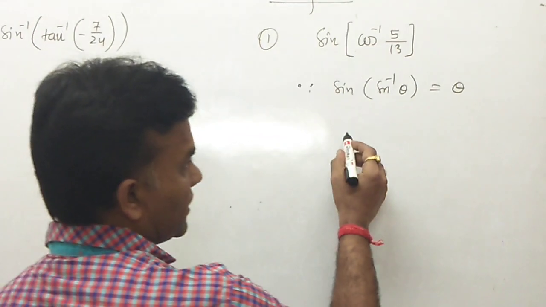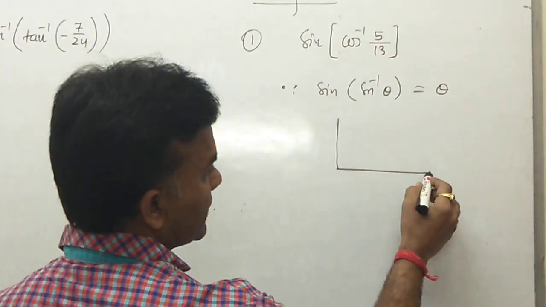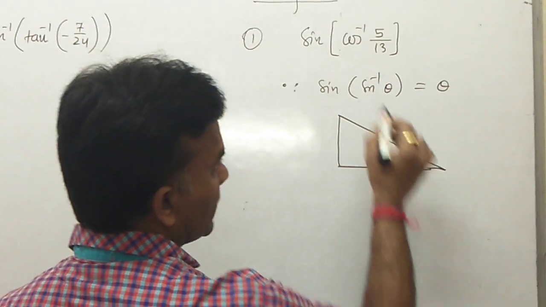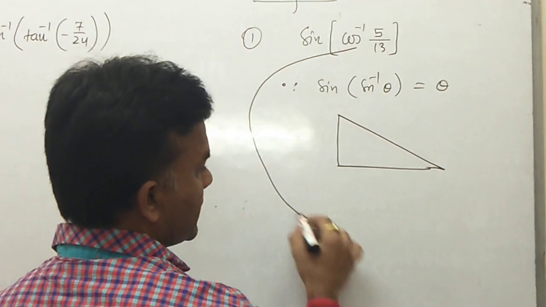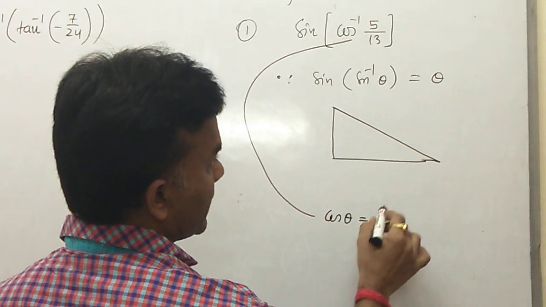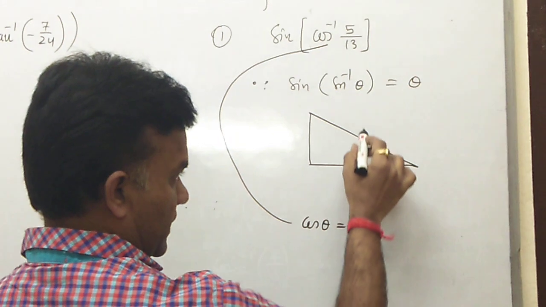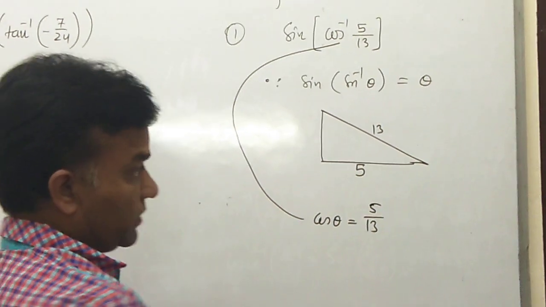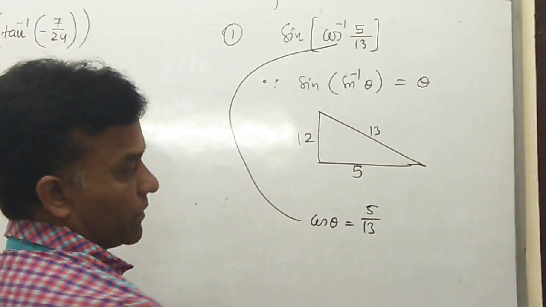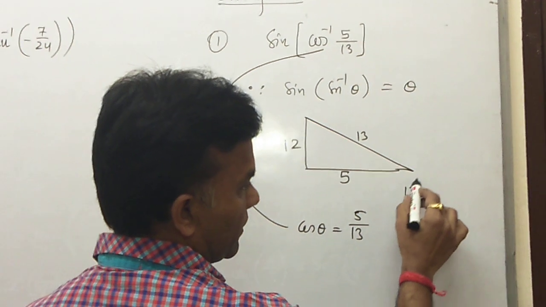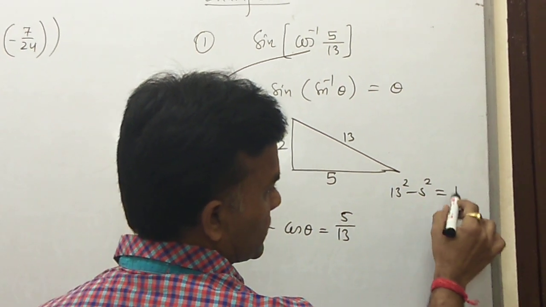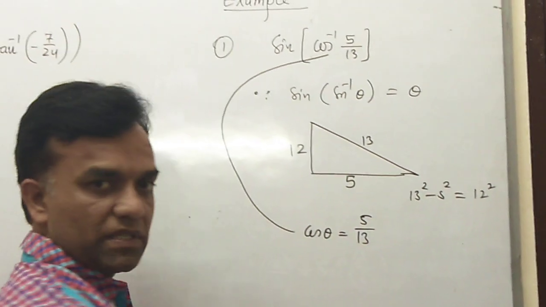So you write down the right angle triangle, and we know that the inside value is cos theta, which is 5 by 13 here. So 5 and 13. Now this value is 12, because 13 squared minus 5 squared is equal to 12 squared, which is the identity.